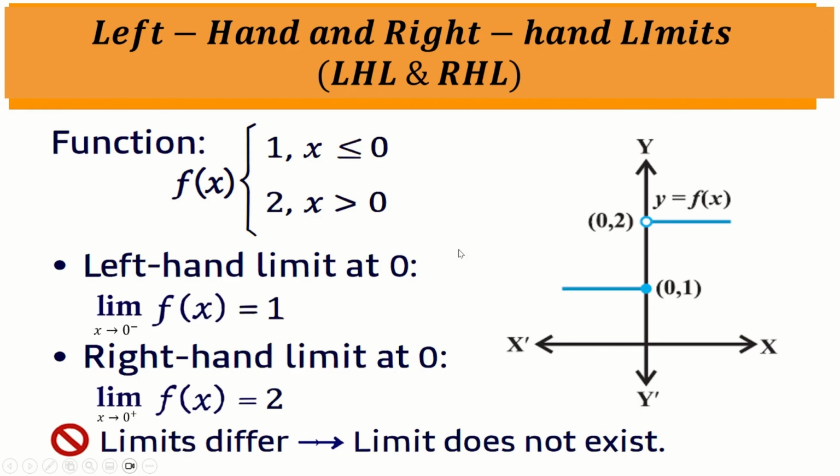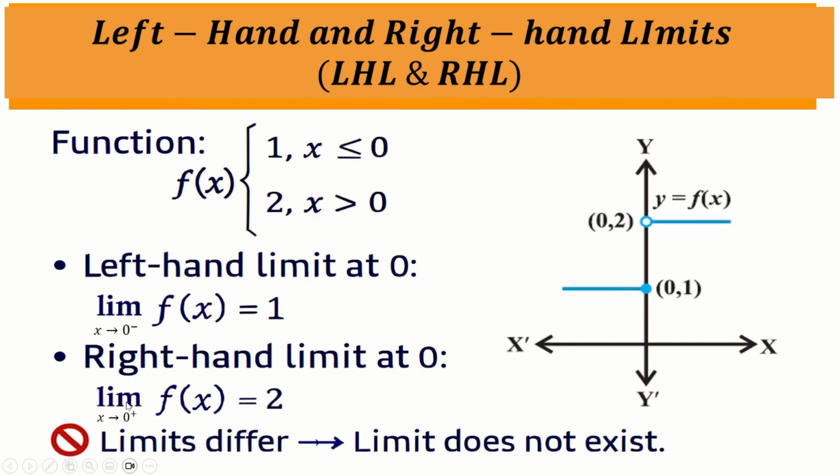Now if you want to see whether the limit is defined or not, you have the function value directly, right? You have f of 0 already defined as 1. But it does not mean that the limit is defined. The left hand limit, if you take LHL, is written like this: limit of x tends to 0 minus, slightly less than 0, f of x is 1. Correct? On the LHL side it is 1. If it is less than 0, it is 1.